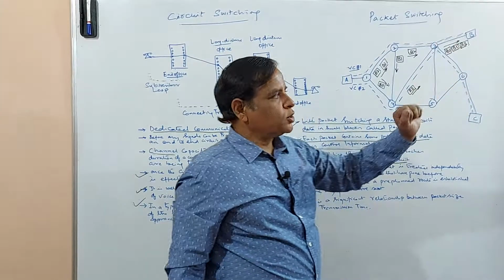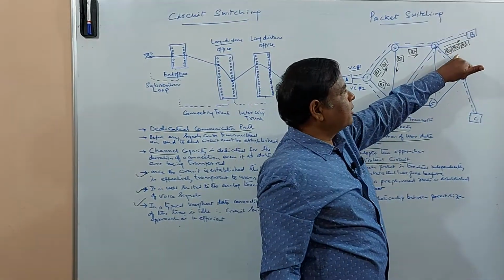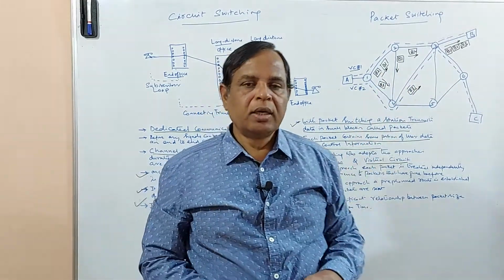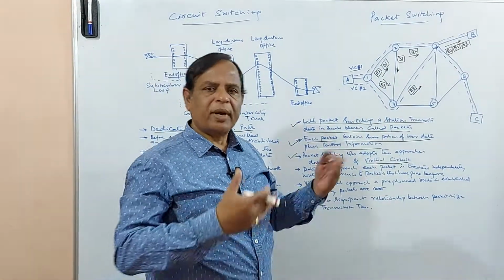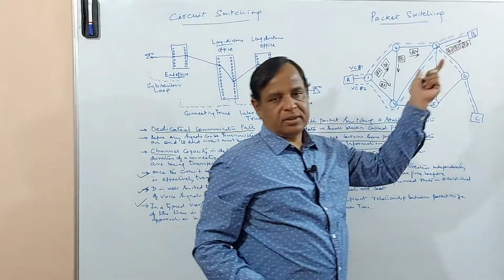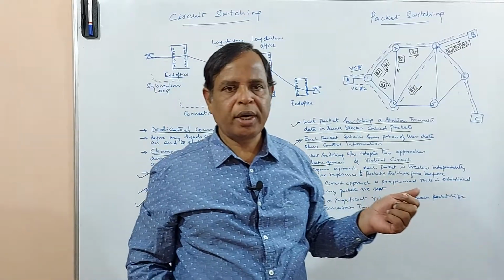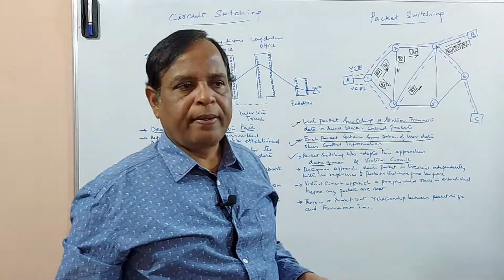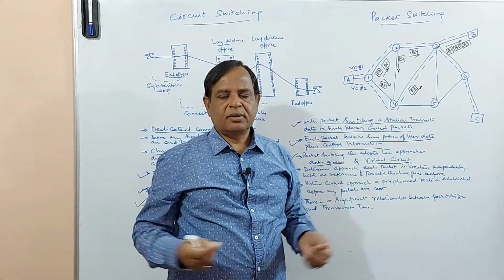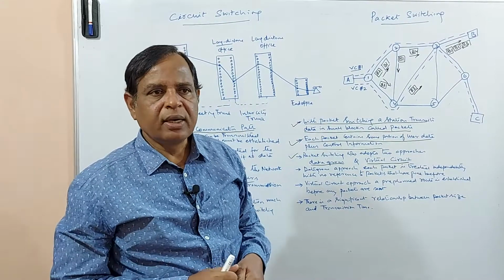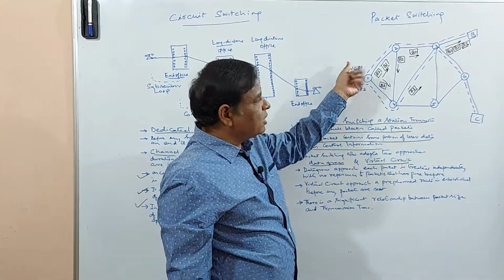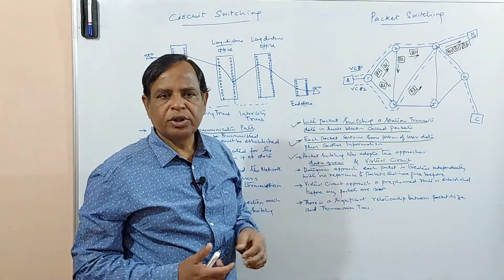Now you find that packets may not be in sequence. The end user application knows how to make use of these packets. So that's the difference. Certain applications use the virtual circuit approach, and certain applications use the datagram approach.